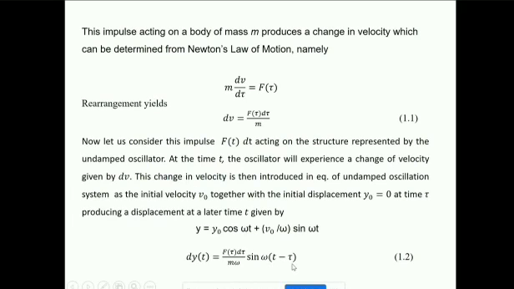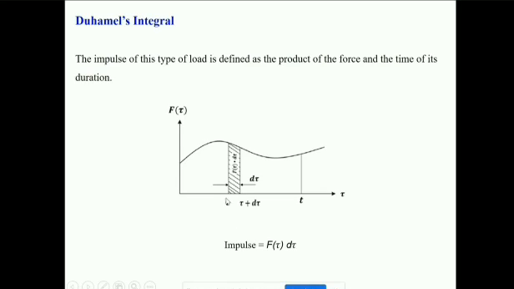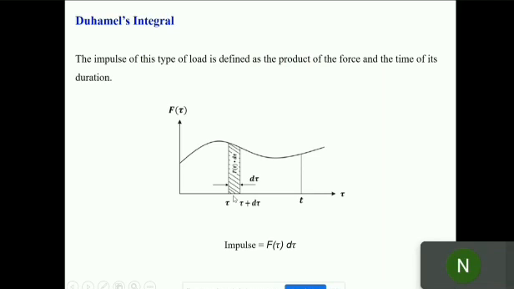Why is it t minus tau? Because the impulse is acting at this point of time tau. It has introduced the initial velocity at t equal to tau, and that has initiated free vibration.